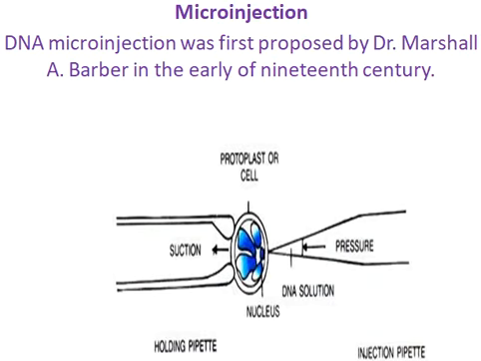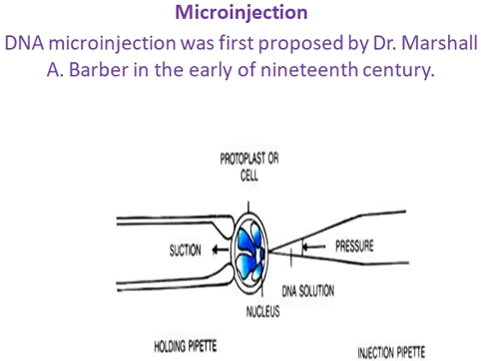Delivery or transfer of foreign DNA, foreign gene or transgene, cloned gene, is done under a powerful microscope, because we cannot see the animal cells with the naked eye. So we need a microscope. Next, we use a glass micropipette whose tip size is 0.5 millimeter in diameter.